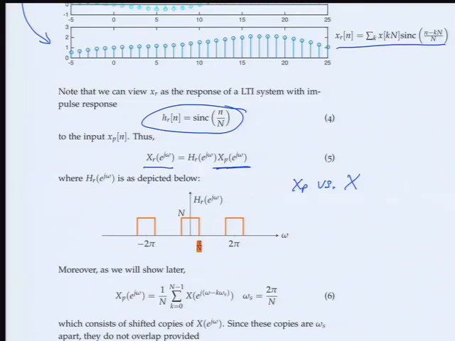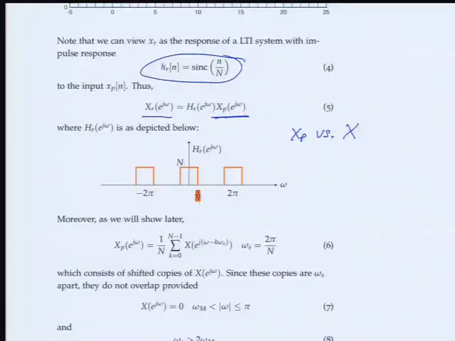Remember that? That was X_p of omega. So what I'm claiming here is something very similar in discrete time. So this is the Fourier transform of the impulse train sampled discrete time signal. And it again consists of shifted copies of the original DTFT. It's scaled by 1 over N, just like this was scaled by 1 over T. And the copies are 2 pi over N apart, just like the copies here were 2 pi over T apart, right?